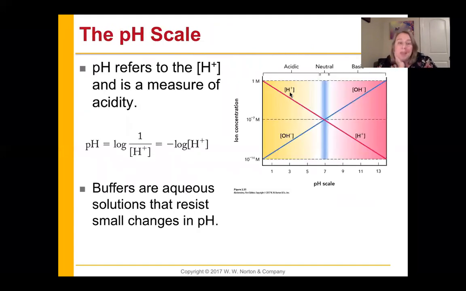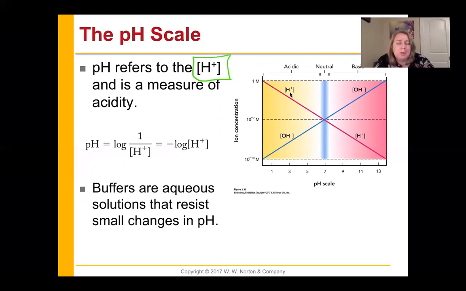So we can look at the pH scale. And so whenever we talk about pH, we're referring to the hydrogen ion concentration, right? And it's a measure, therefore, of acidity. So we know pH is the log of 1 over the hydrogen ion concentration. So we just say negative log, right? And so pH is super important in biological systems.